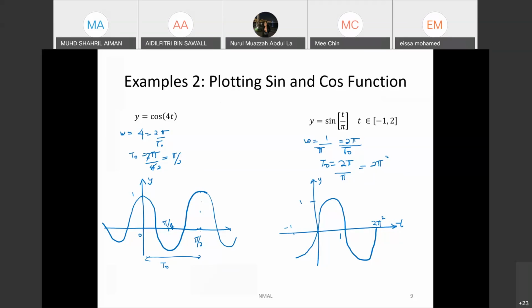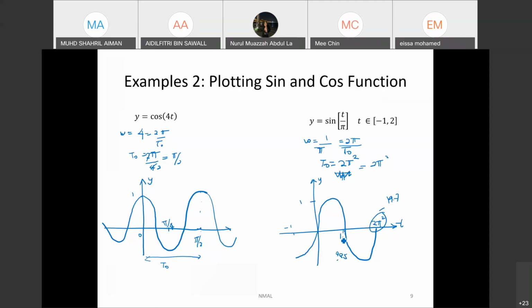So maybe I made a mistake here calculating this. So this one should be 2 pi squared. Okay, so I got something around 19.7 now. If you divide by 2, you will get something like 9.85.